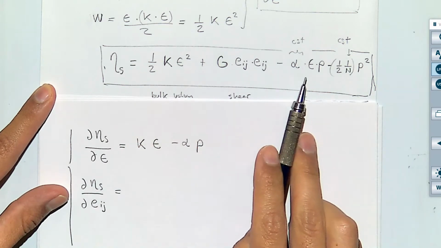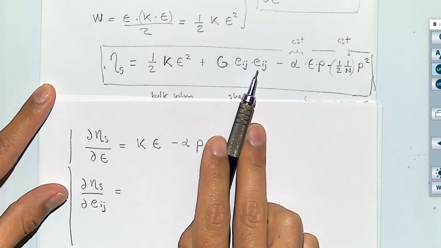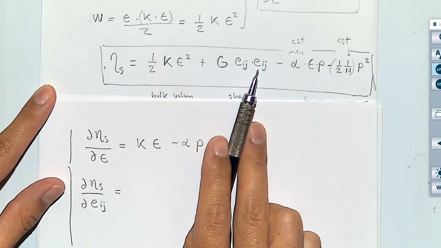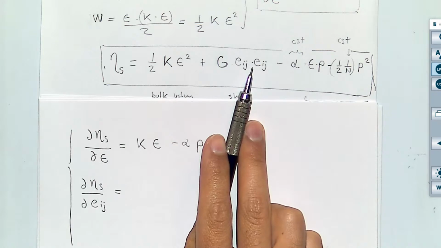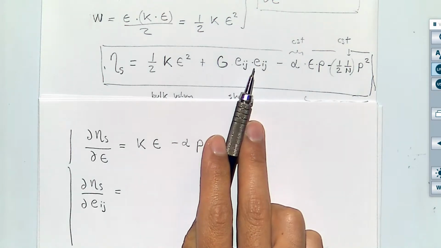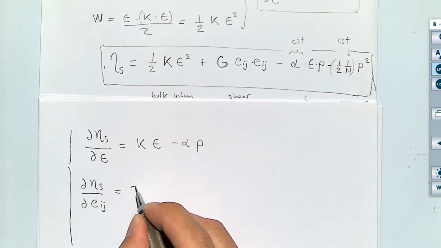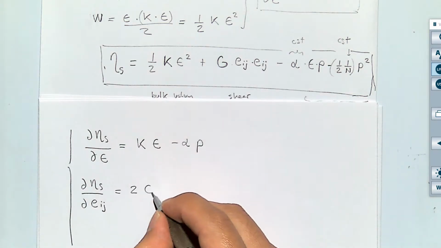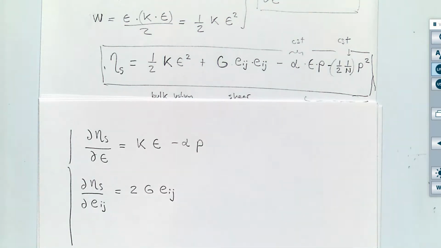There is no shear strain here or there. The only term here is going to be the shear strain squared, and when I take the derivative, it's going to be 2 times shear modulus times the shear strain. And that's it.